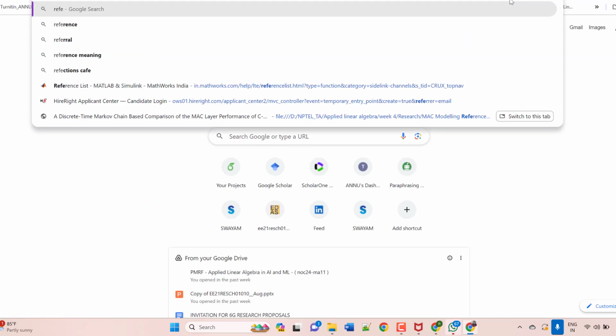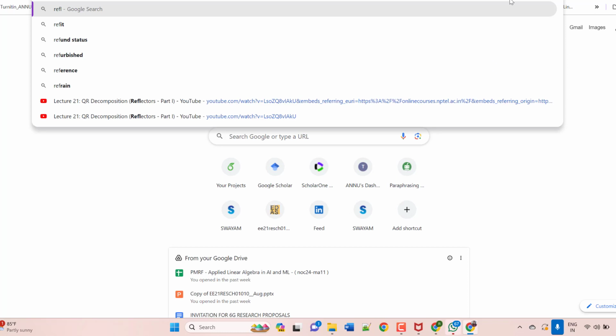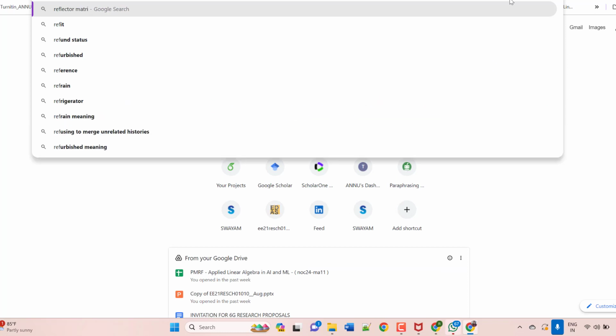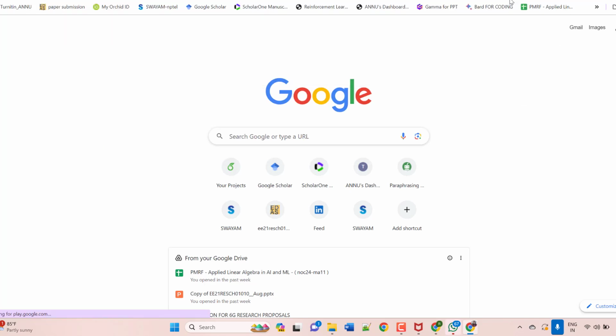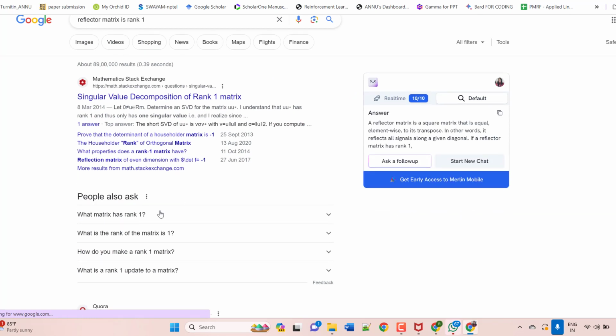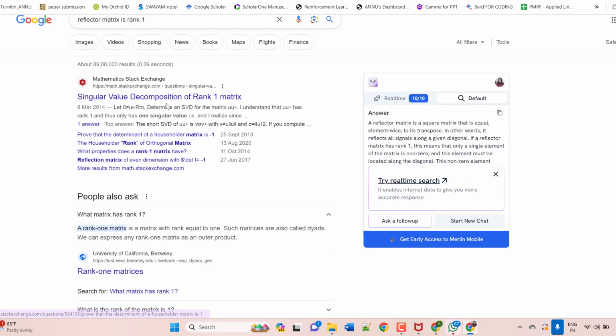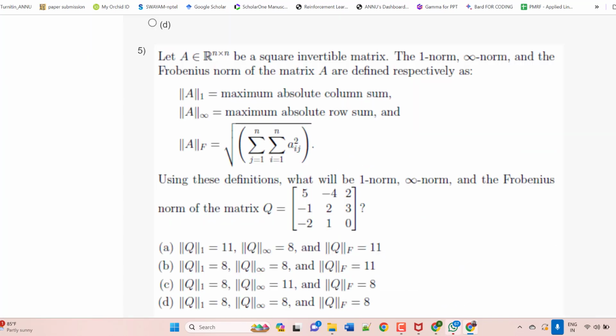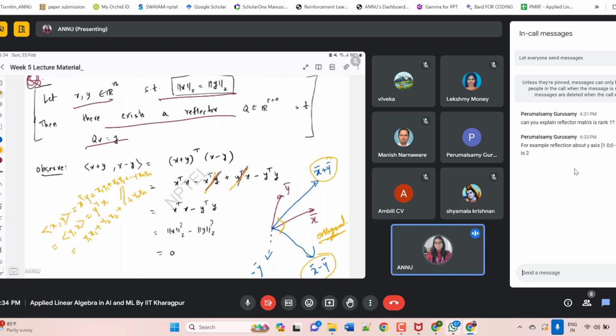Wait, I'll give you an example. For example, the reflection about the y-axis. This is 1, 0, 0, minus 1. Is it orthogonal? Can you check that?